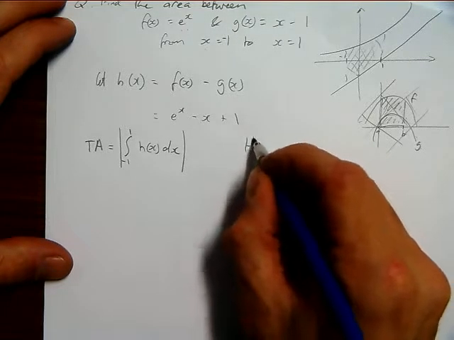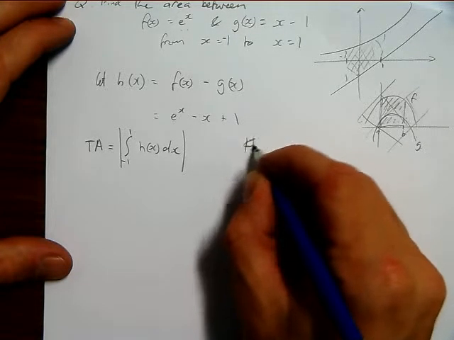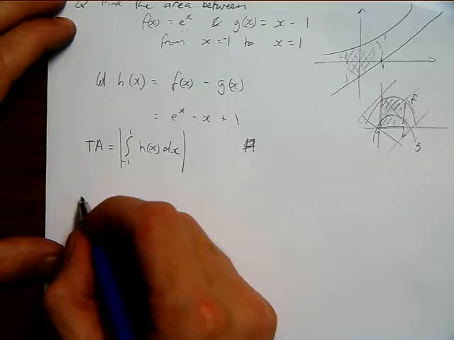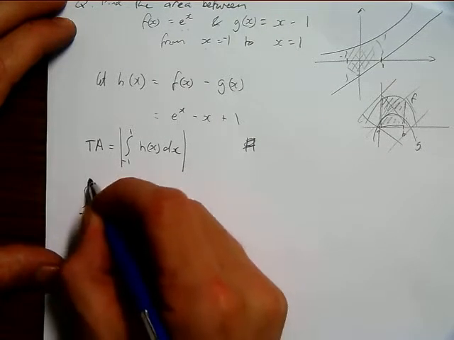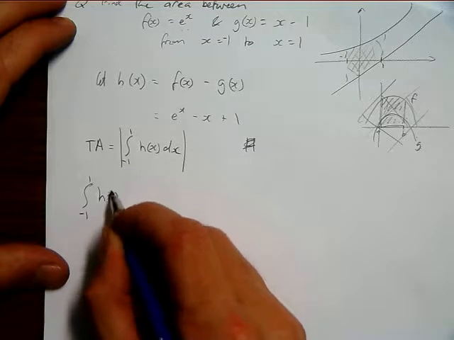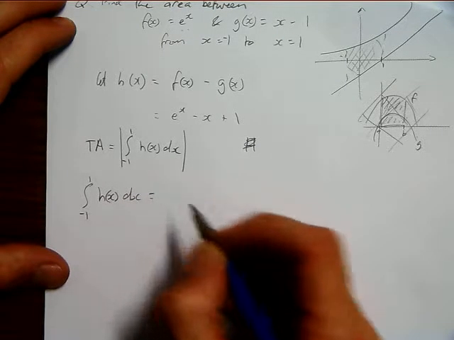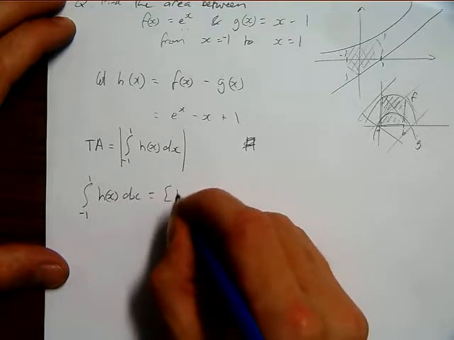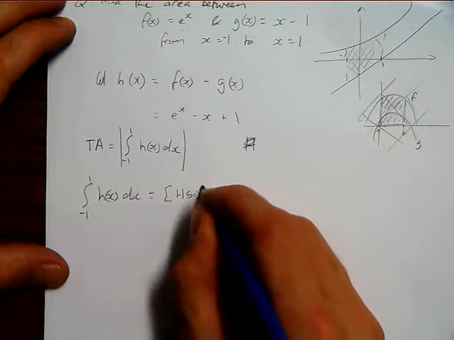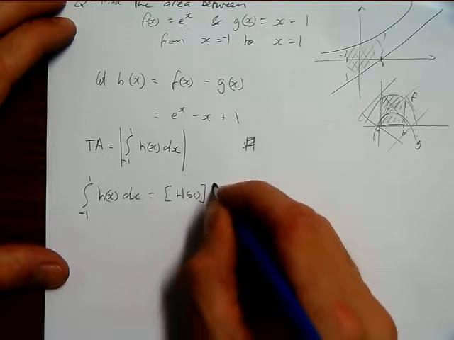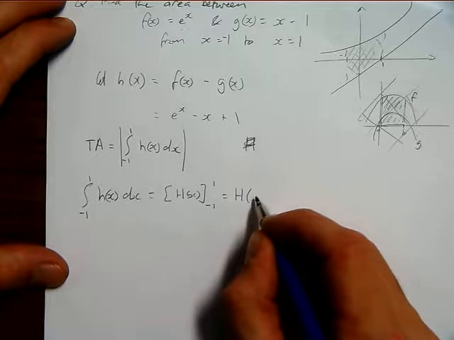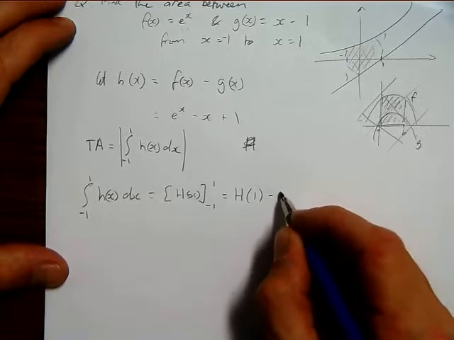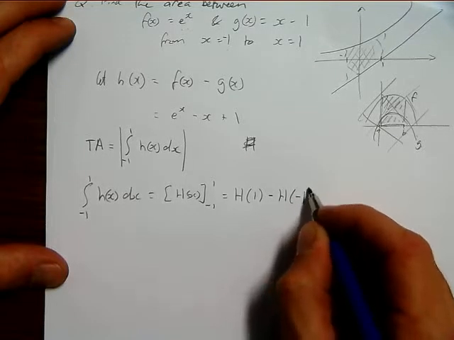What's big H? We will need big H in a minute, but let's start the integral first. The integral of h of x dx, so just our normal definite integral. So we'll call it big H of x from -1 to 1, which is big H of 1 take big H of -1.